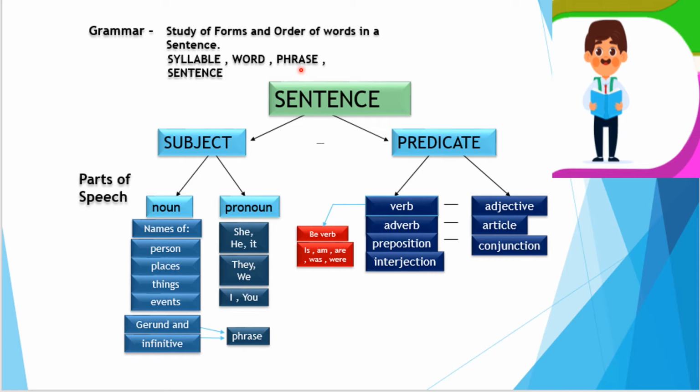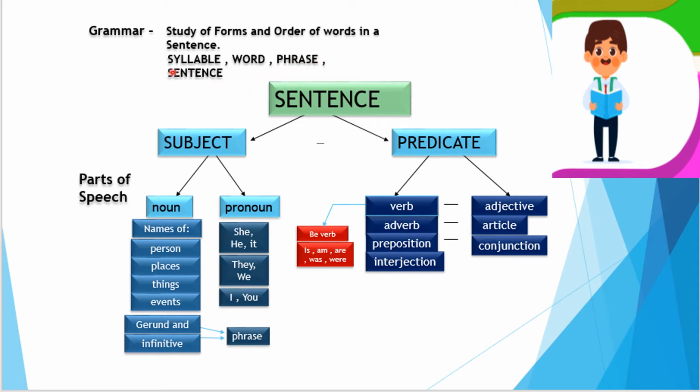Phrase is a group of words, but it doesn't tell a complete idea. Example is a beautiful girl. Another example is the table. Another example is the big tree. Those are examples of phrases.